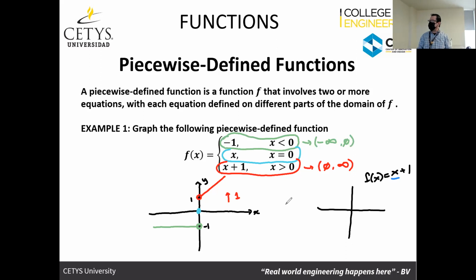The line is going to go this way because the value that we have multiplying the x for the slope is positive. If we would have had f of x equals minus x plus 1, then it would have been like this. Okay.